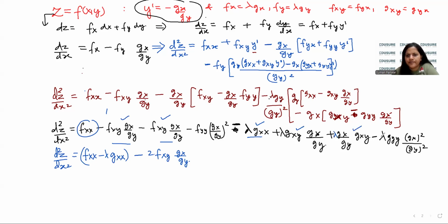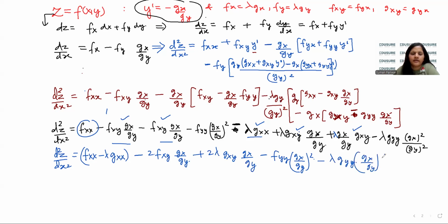So this is 2 lambda gxy gx by gy. Then we will have minus fy gx by gy whole square minus lambda times gyy gx by gy whole square.